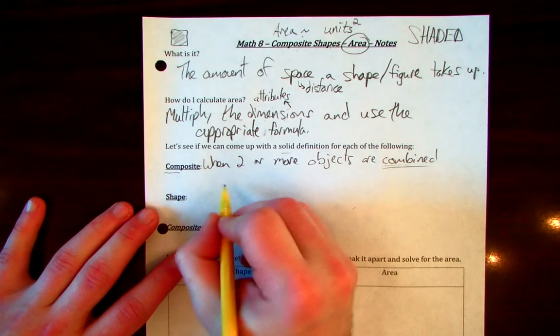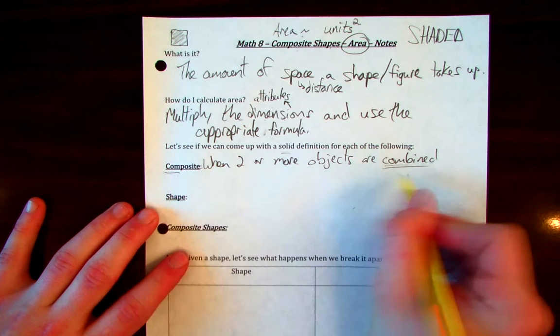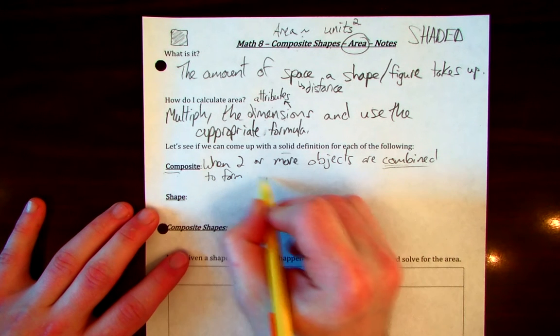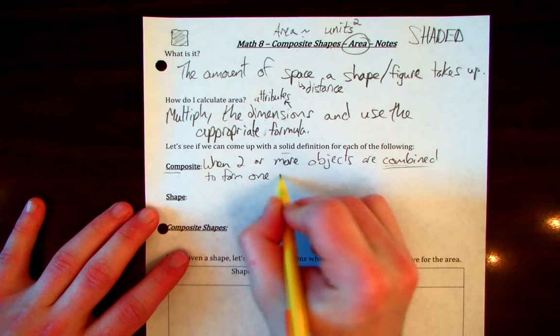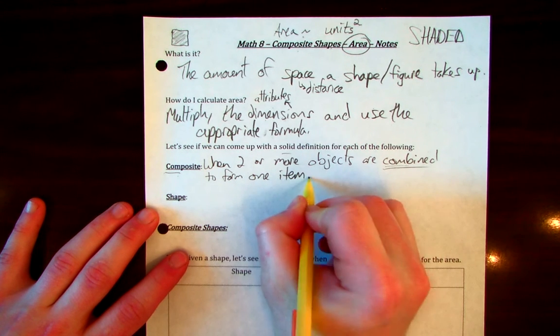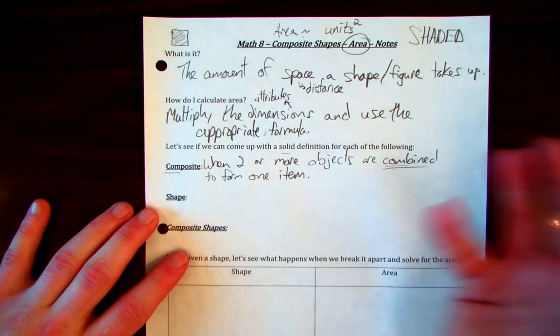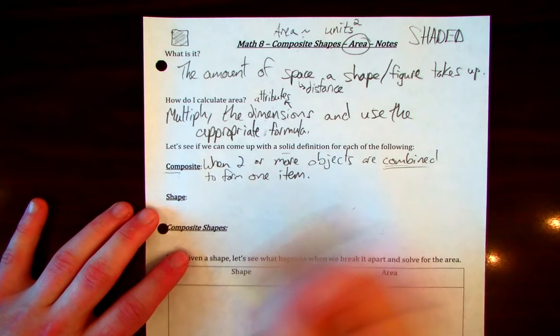And so when two or more objects are combined to form one item. Okay, so let's just keep this in our head. Again, we're talking about something that we're adding together.